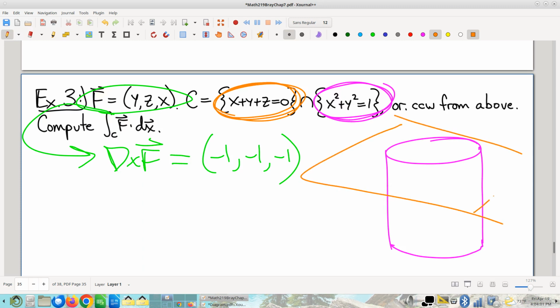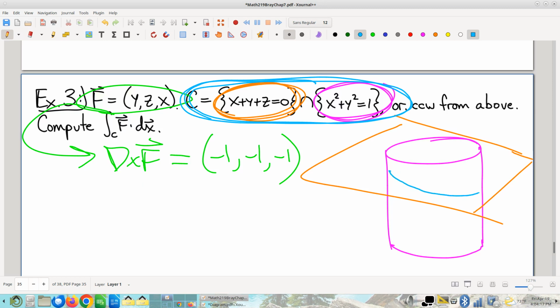How does a plane cut through that cylinder? Just a geometric appeal. Well, it's going to give you a kind of tilted ellipse. Everybody buy that?